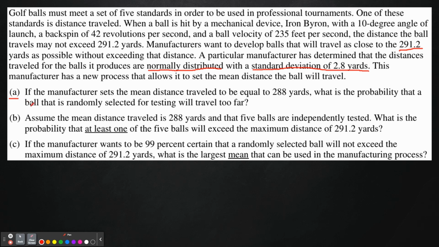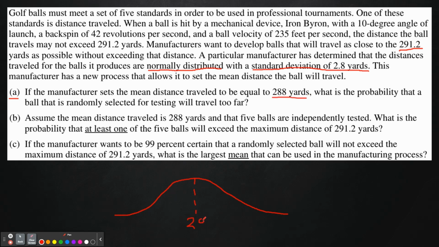If the manufacturer sets the mean distance traveled to be equal to 288 yards, what is the probability that a ball that is randomly selected for testing will travel too far? Since we are told in the problem that the distance traveled is normally distributed, we can draw a normal curve to model this distribution. We're told the mean is 288 yards.